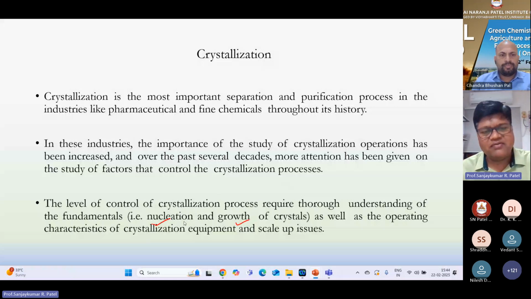Fundamentally, if you want to understand this process, you should understand what nucleation is, and then, once the nuclei are formed, how the growth of a particular nucleus occurs to become a crystal, and how you can tailor the operating factors of crystallization, which will affect the nuclei and the growth of the crystals.